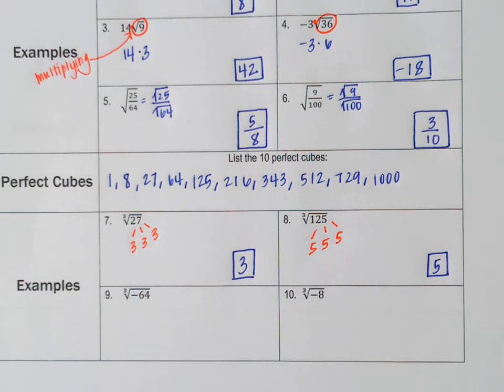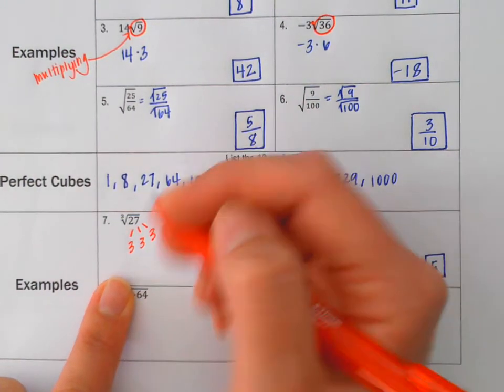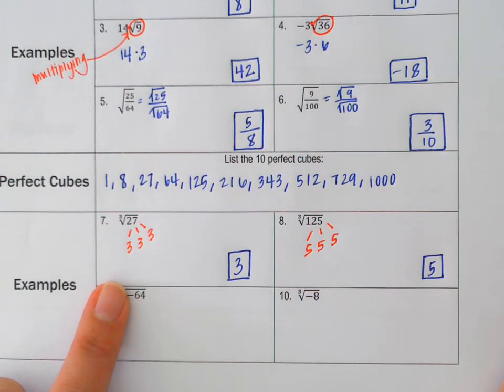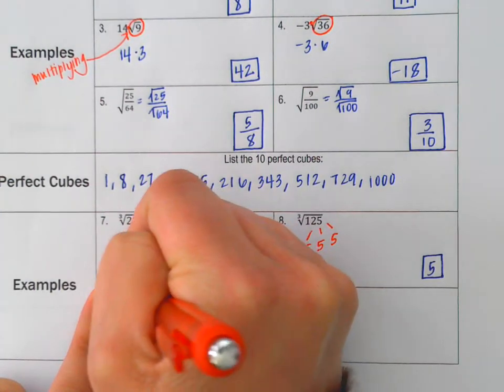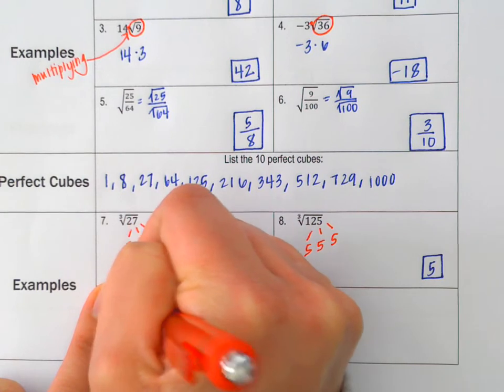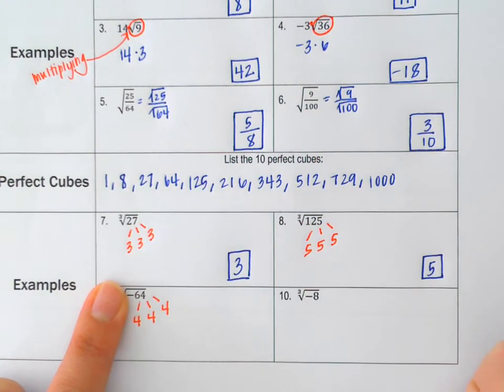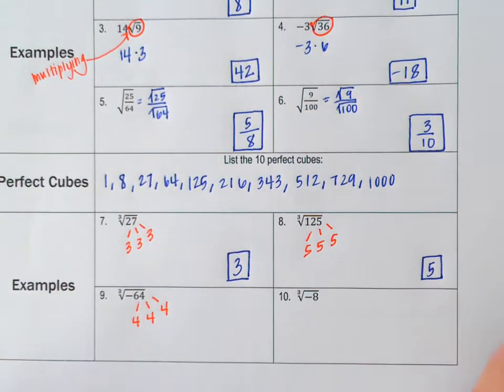So if we take the cube root of negative 64, well, let's ignore the negative for right now and just think, what's the cube root of 64? What times itself 3 times gets me 64? That's 4 times 4 times 4. Okay, now how do we make that negative?